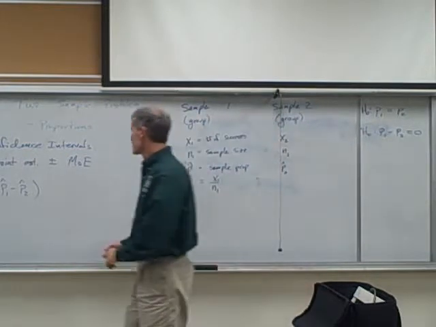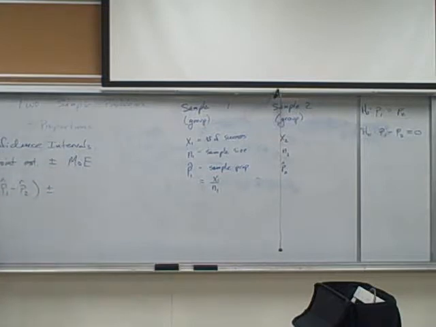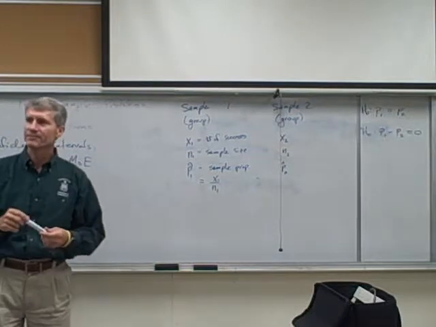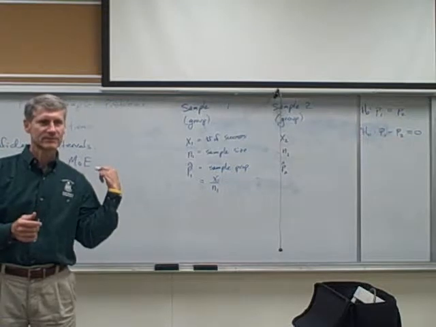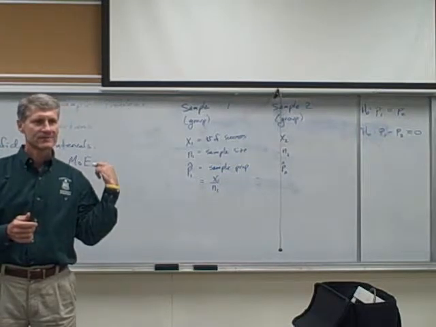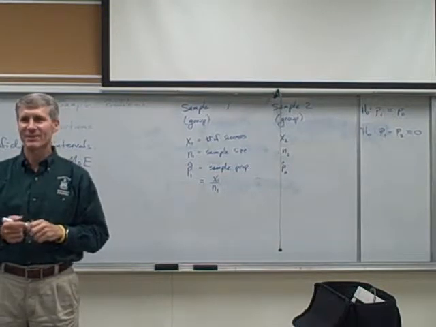Okay? So now I've got my point estimate, I need to talk about the margin of error. Now the margin of error always has two parts to it. What goes into computing a margin of error? The standard error of the point estimate. And you don't remember the other one. Critical value. That's right, critical value.